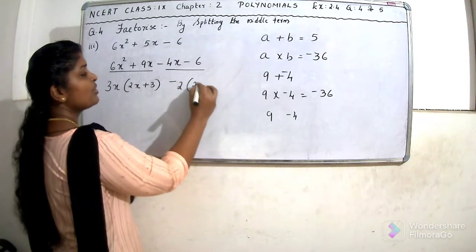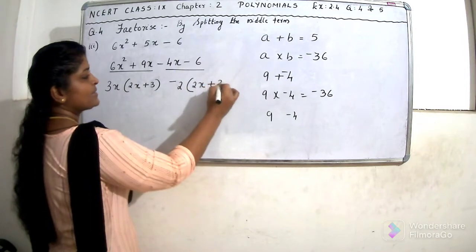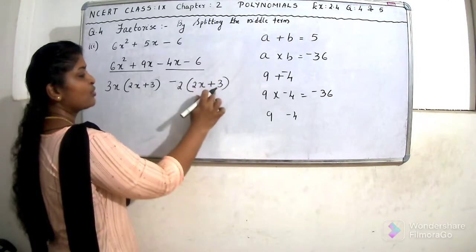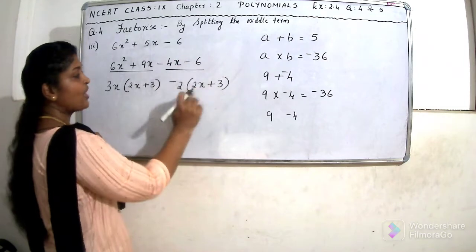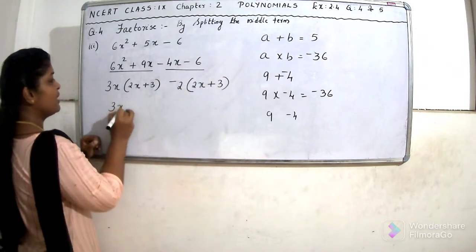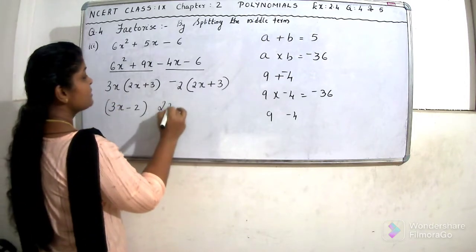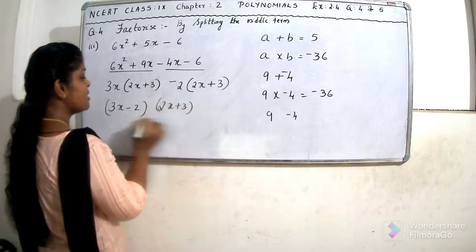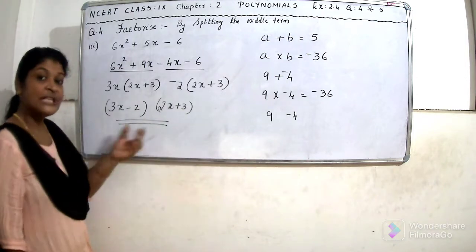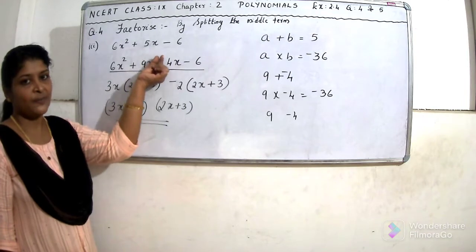So 2x, 2 twos are 4, 4x plus 3, negative and positive is negative. The brackets are also the same. Now 3x minus 2 is the first factor and 2x plus 3 is the second factor. These are the two factors for this particular polynomial.